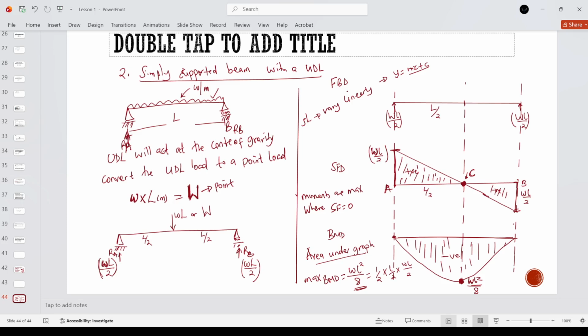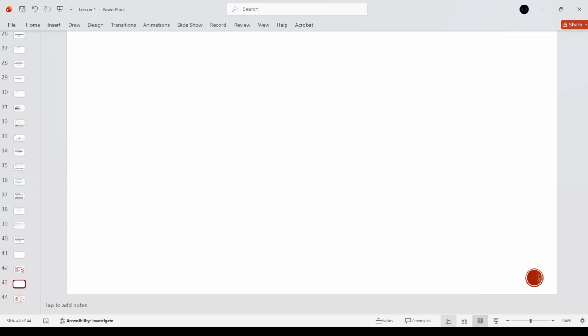So you can find situations where you have both UDL and point load. Of course we can have very many situations, but we know the basic situations.